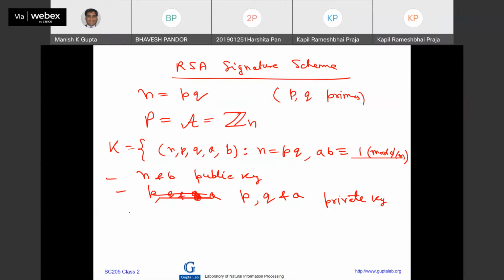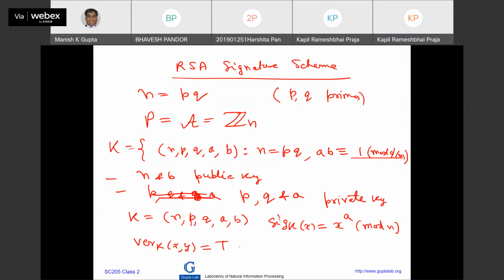For K equal to n, P, Q, A, B, we define the signing function as x raised to the power A mod n. And the verification algorithm on x comma y is true if and only if x is congruent to y raised to the power b mod n. Here x and y belong to integers mod n.